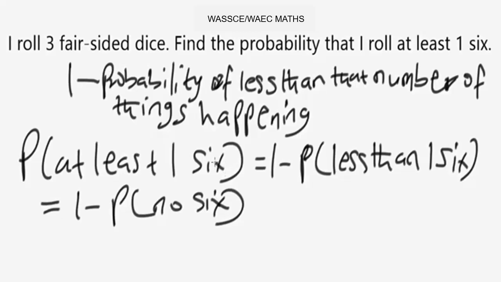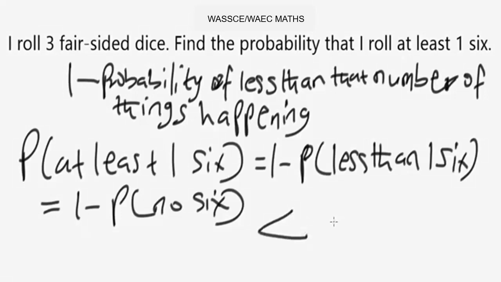Now we can use a tree diagram to work this out. So the tree diagram for this at least probability will look like this. Since we are going to subtract the probability of no 6 from 1, because when I roll 3 dice, the probability that I get at least one 6, we need to get the probability of no 6. Let me draw it here.